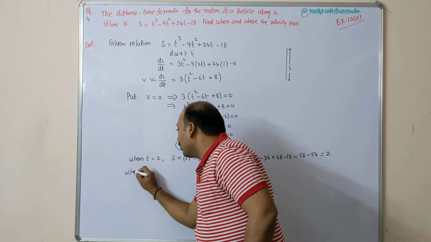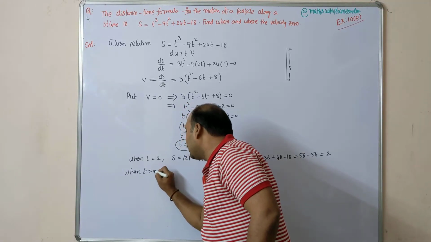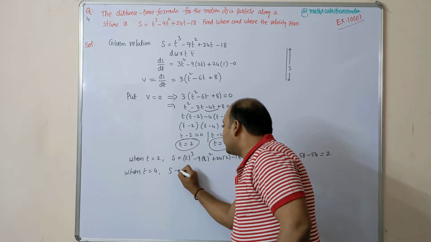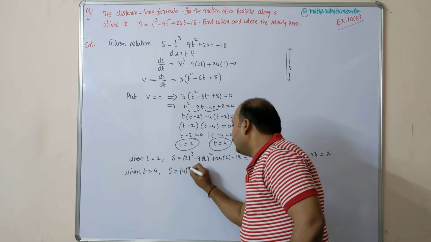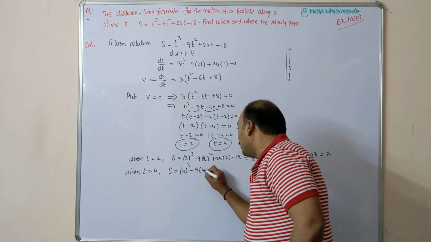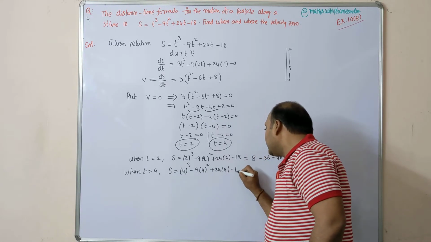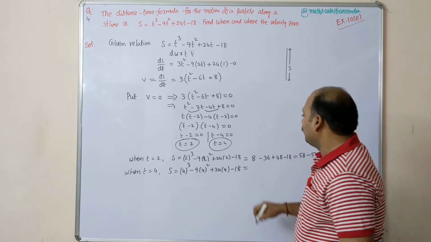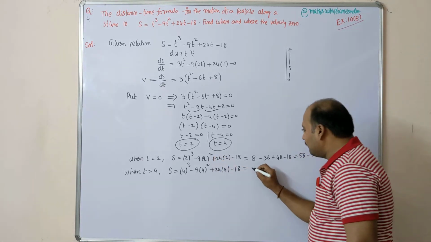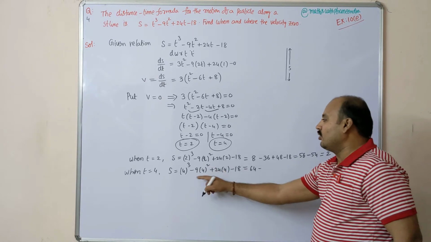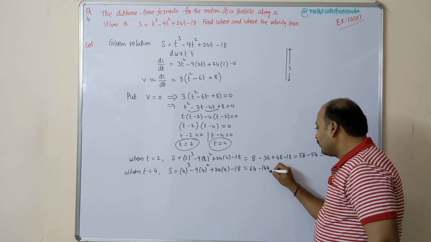Similarly, when t is equal to 4 seconds, find out the s value, the displacement. 4 cube minus 9 into 4 square plus 24 into 4 minus 18. We will check that. 4 cube is 64, minus 4 square 16 into 9 is 144.